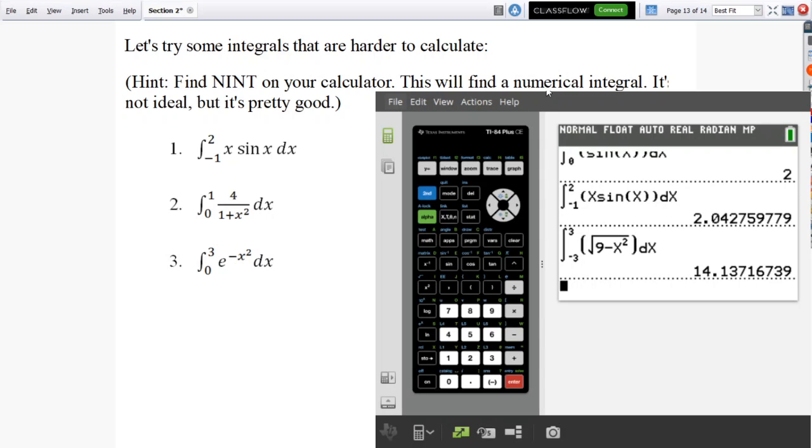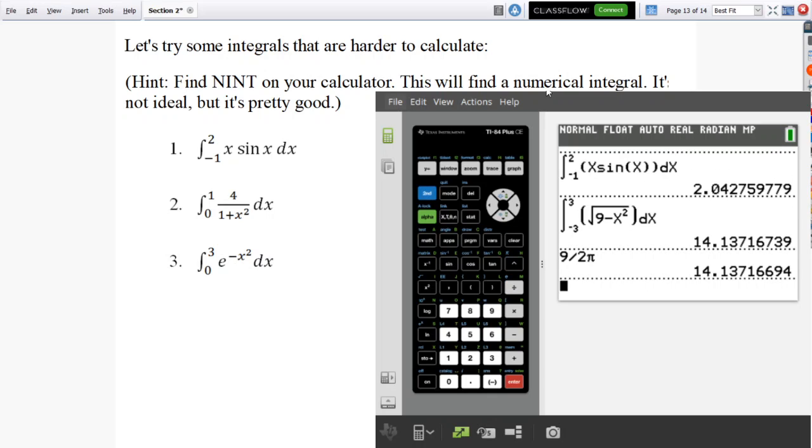That takes a while to do. And here the actual answer was 9/2 pi. We can see the answer is wrong-ish out here. It's well past where we would actually have to round for AP, but just not having the exact answer is kind of wrong for me. The reason it's not the exact answer is that your calculator is actually taking a rectangular approximation, just making the boxes really small. So it's doing it the wrong way, but it's getting close enough.